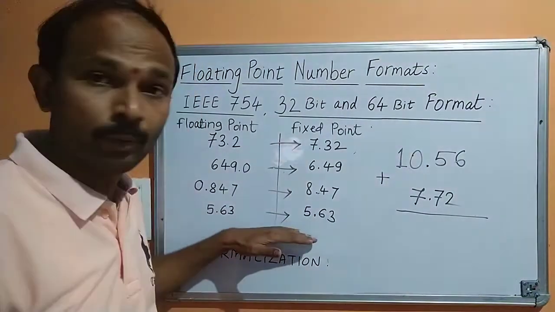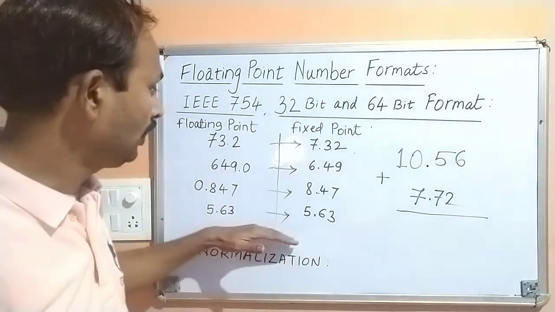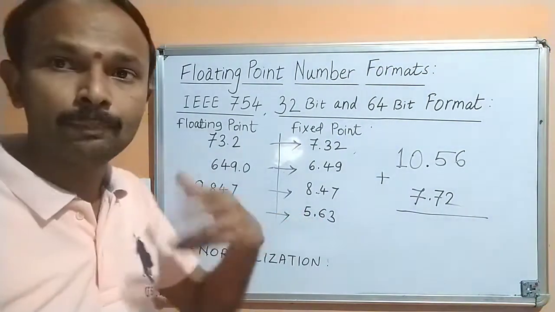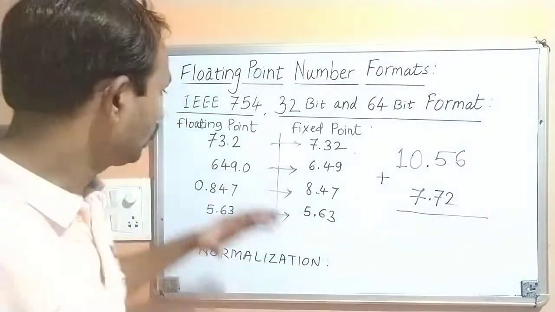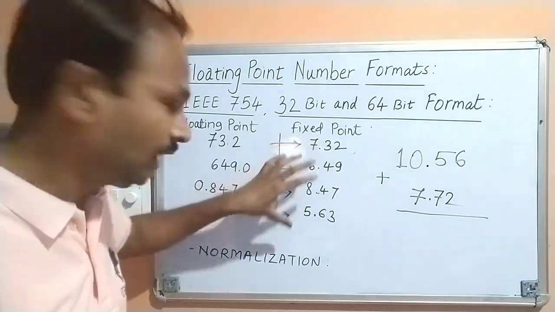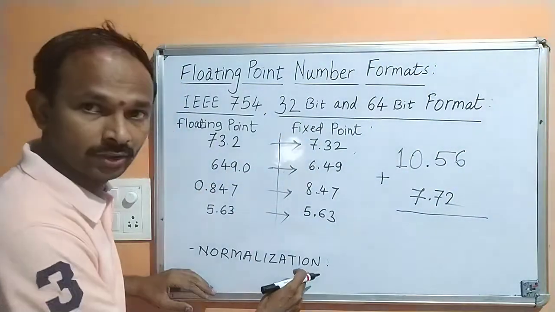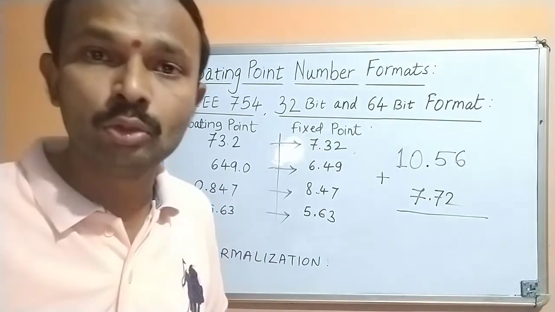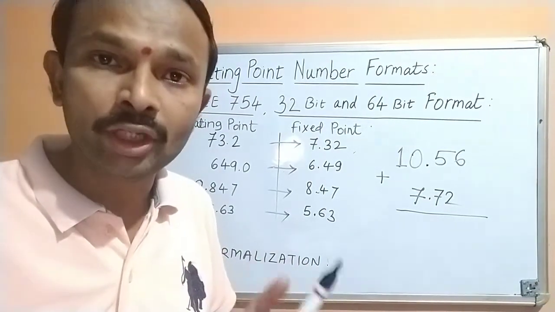So this is the process that we need to do when we are going for floating point numbers numericals. Converting these floating point numbers to fixed point numbers is called normalization. This is the first step that we need to do when we are working on floating point numbers.